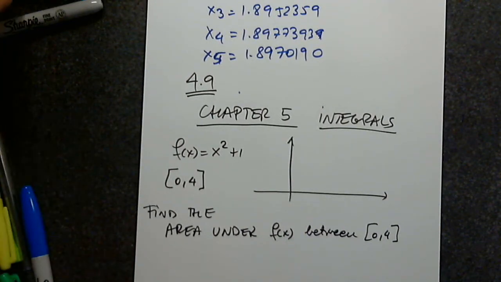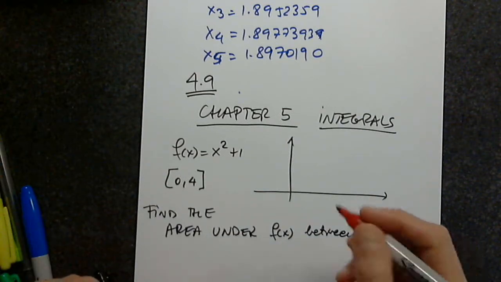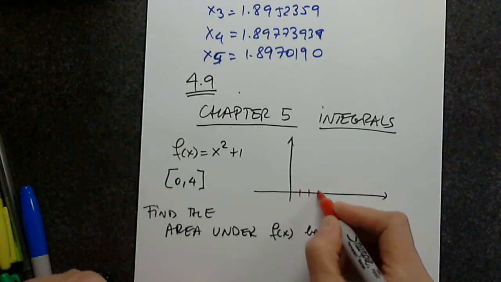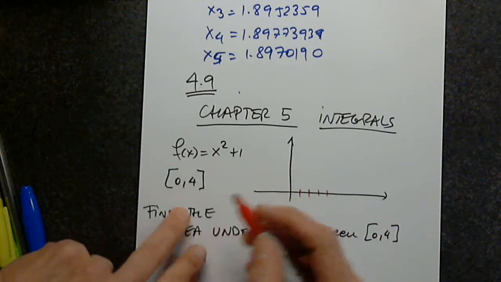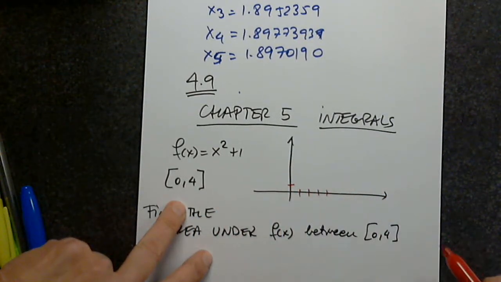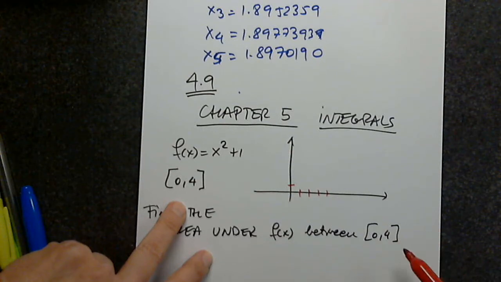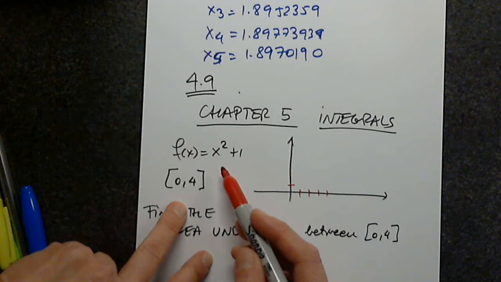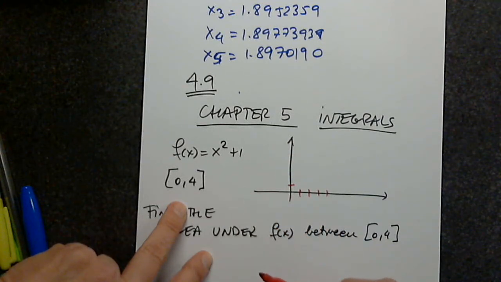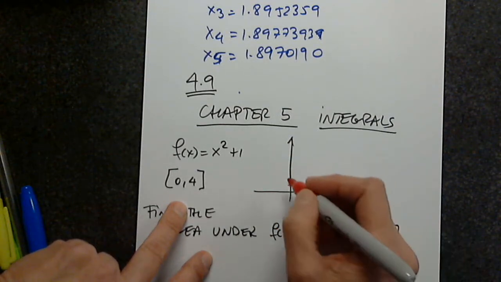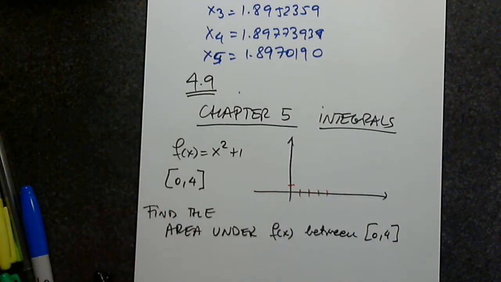I'm going to graph this function. 1, 2, 3, 4. So when x is 0, y is 1. When x is 4, y will be 16 plus 1, 17. Okay. So I'm going to take a smaller unit, or change this into a little bit less.